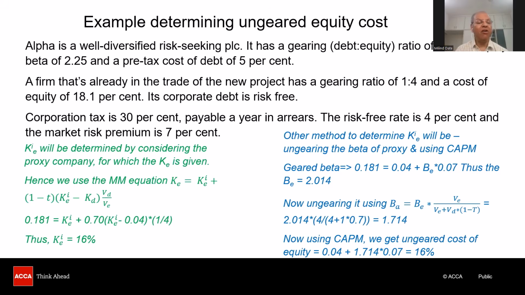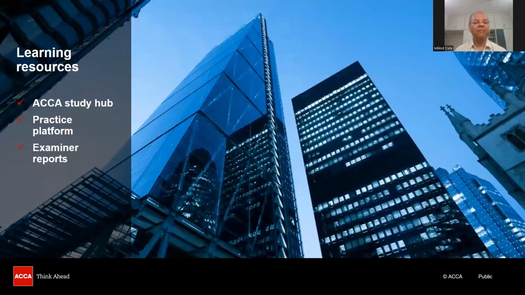So depending on your comfort level, you could make use of any of the approaches in calculating ungeared cost of equity. Well, resources: the ACCA Study Hub should be your primary resource.